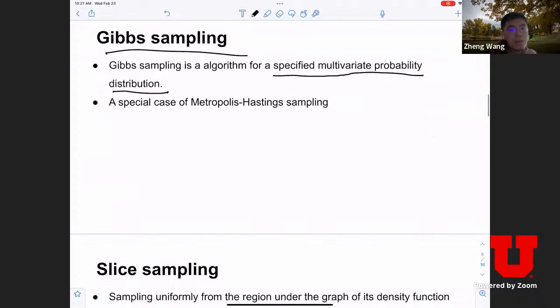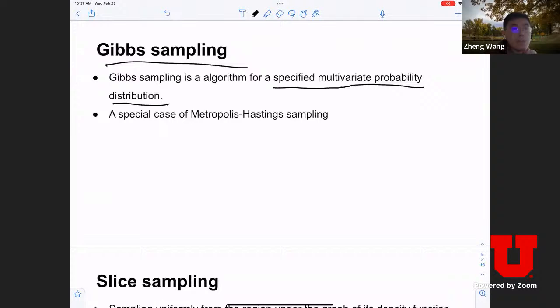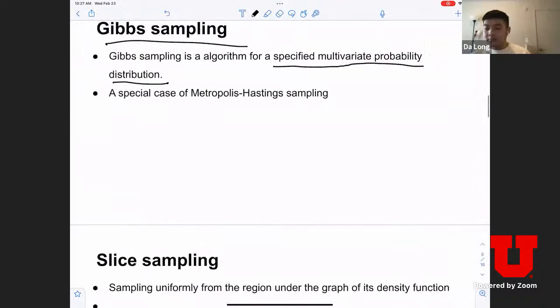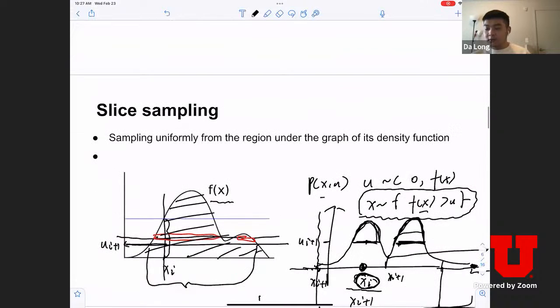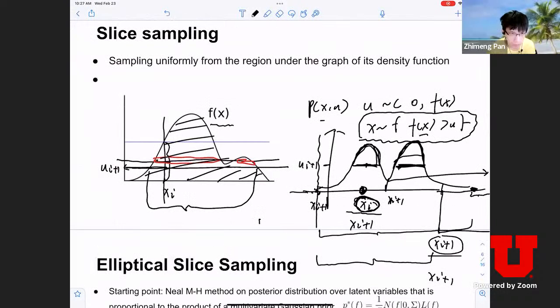Yeah, sampling X and U alternatively. It's a Gibbs sampling for a multivariate distribution. There's one major limitation: it has to make sure X is under the curve.